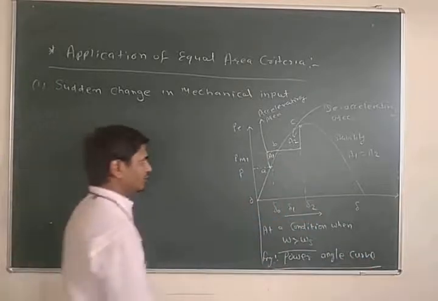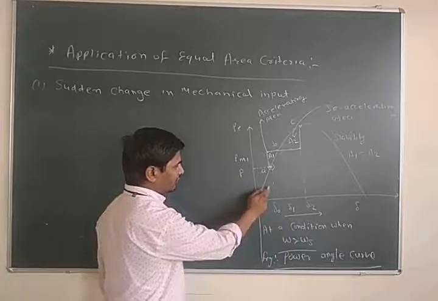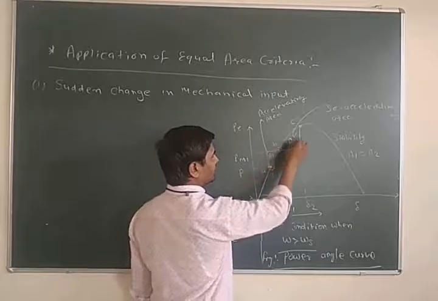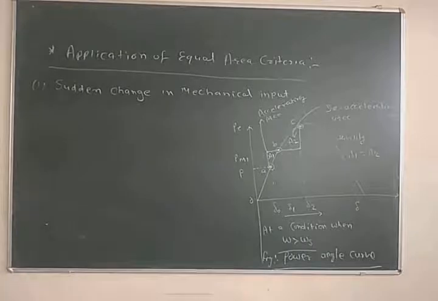There are 3 points for discussion. One is point A, where our machine was initially operated. Now second point is point B and third point is point C. Now we will discuss point A, B and C.